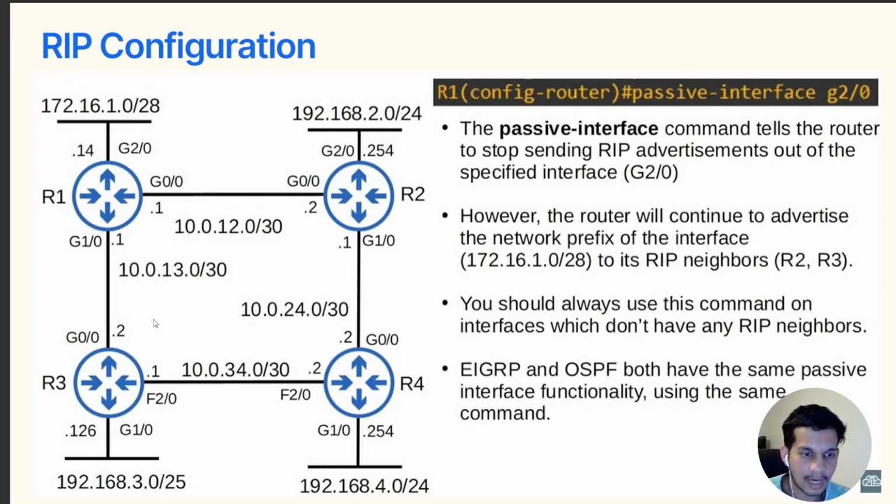That's what we need. So you should always use this command on interfaces which do not have RIP neighbors. EIGRP and OSPF both have the same passive interface functionality using the same command. The command is passive-interface G2/0, for whatever interface you need to stop advertising RIP on.